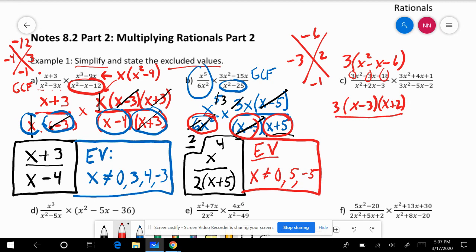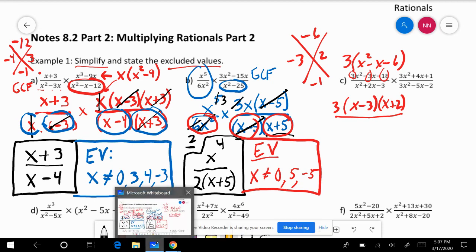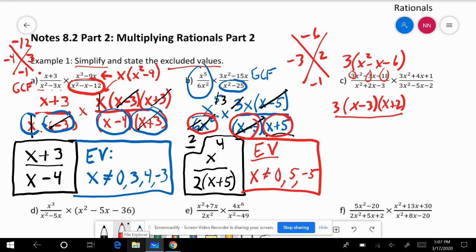Now, if we're looking at the bottom part, we're looking for two numbers that multiply together to give us negative 3 and add up to positive 2. That would be 3 and negative 1. So we write x plus 3 and x minus 1.